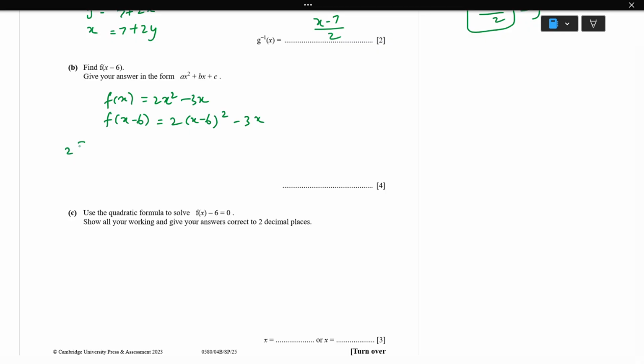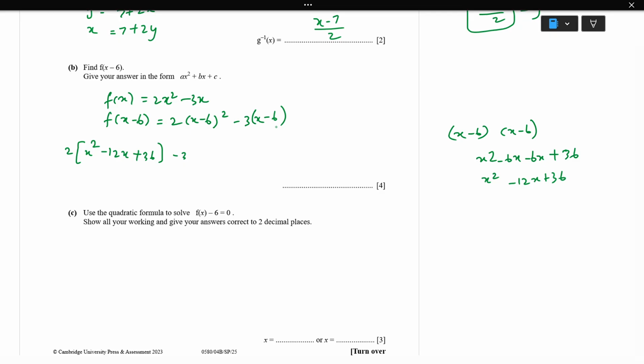So I'll expand x minus 6 times x minus 6, which is x squared minus 6x minus 6x plus 36, which is x squared minus 12x plus 36. So I'll substitute x squared minus 12x plus 36 minus, oh, here also we need to substitute x minus 6, sorry.